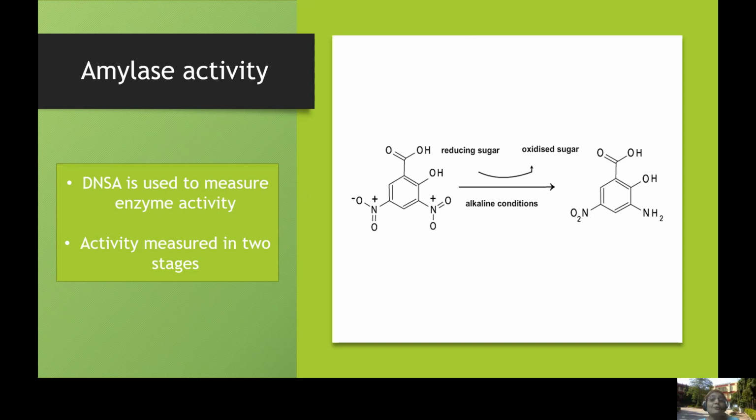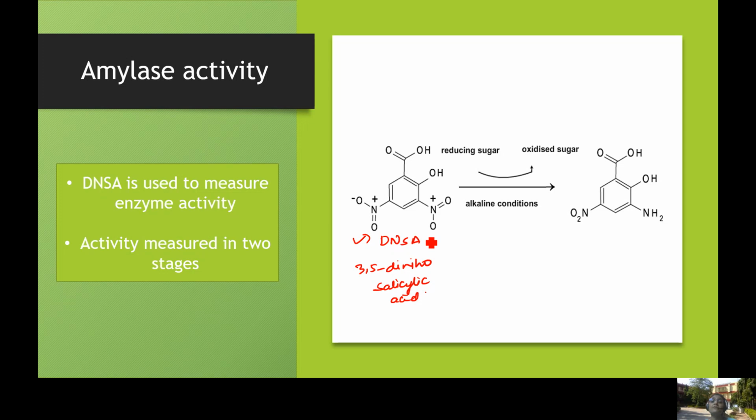How do you use spectrophotometry to identify how much of starch has been converted into maltose? So there comes the role of this molecule. This is called DNSA, 3,5-dinitrosalicylic acid.